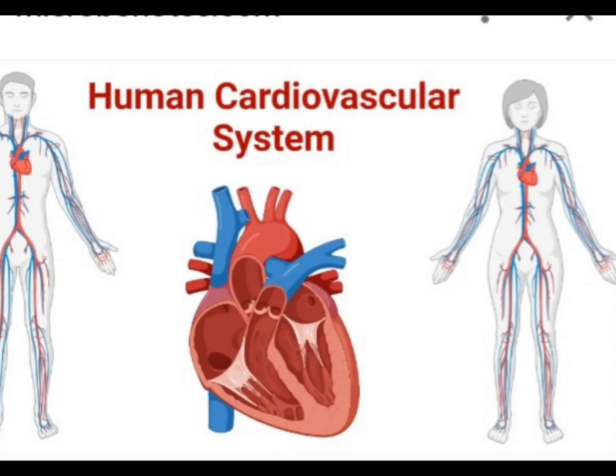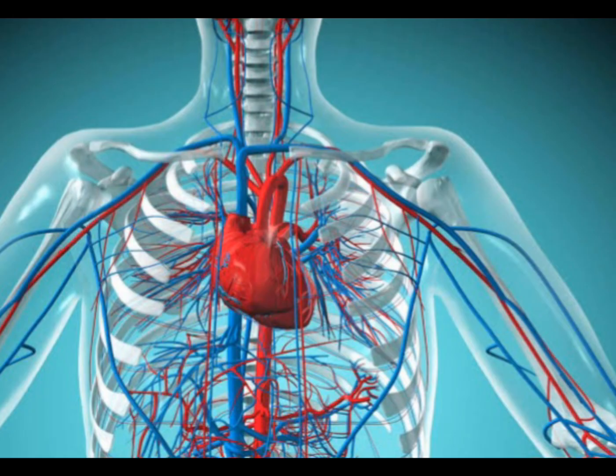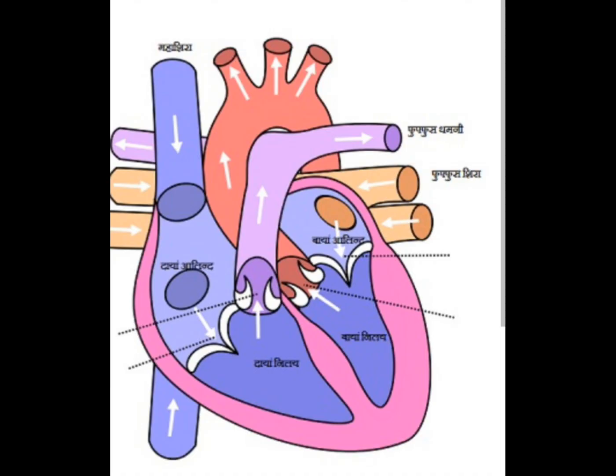Among circulatory system diseases, I will focus only on high blood pressure and anemia. Heart diseases are also important, but I will give information on them in the next video.